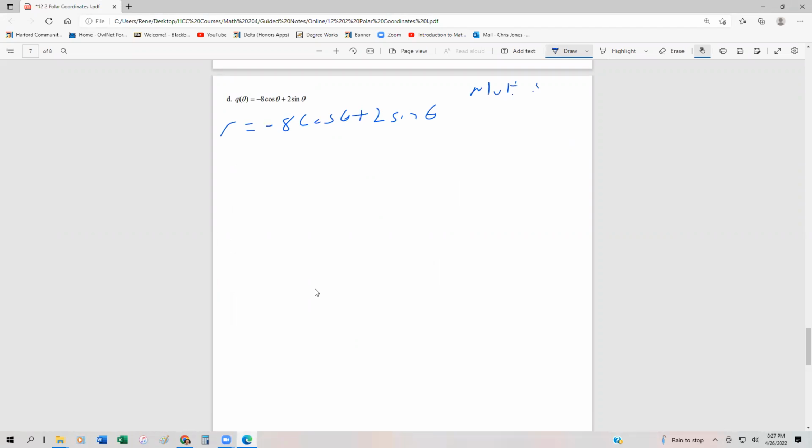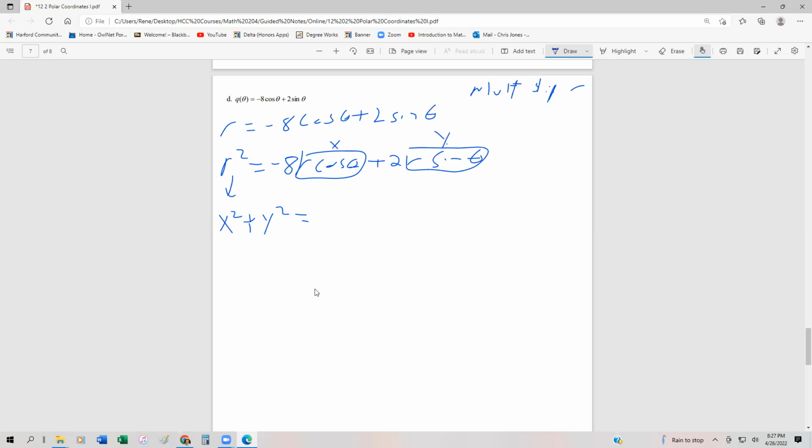That gives me r squared equals -8r cos theta plus 2r sine theta. The good news now is that r squared is x squared plus y squared. We know that r cos theta is x, and r sine theta is y.